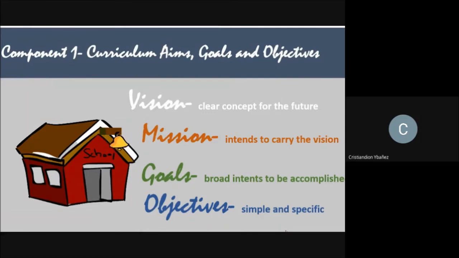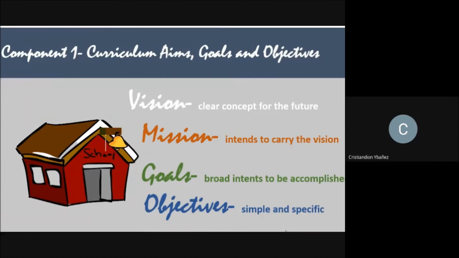In your course, having been educated for 4 years. And then it follows with the goals. The school's vision and mission are further translated into goals. Goals are broad statements or intents to be accomplished.